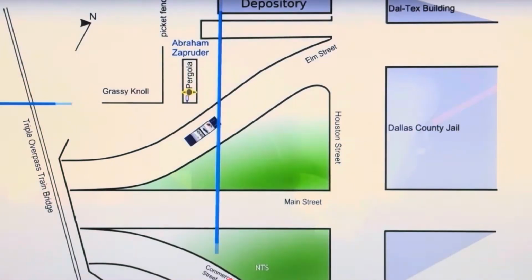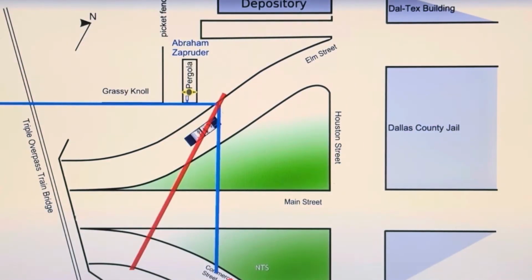He's looking down and his body is tilted. He's over 26 degrees. If you were to straighten him up, he would be looking 26 degrees from profile to Zapruder. Now, 26 degrees beyond Zapruder makes him looking at the south corner of the triple overpass.